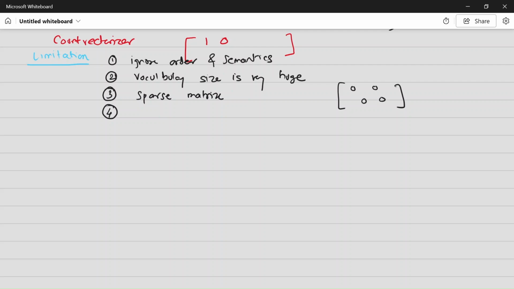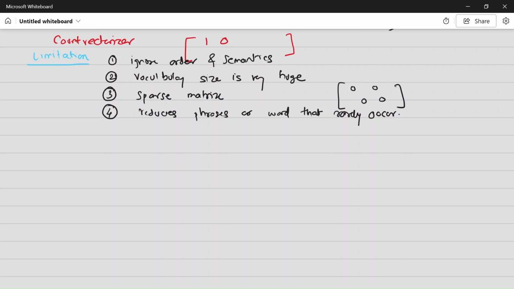Next, with the bag of words, it intrinsically eliminates or reduces the significance of phrases, or I can say words, that rarely occur.